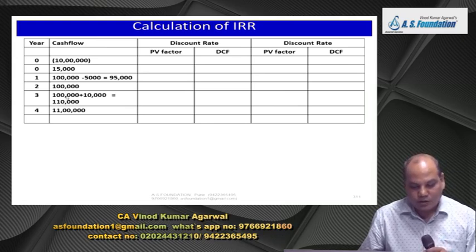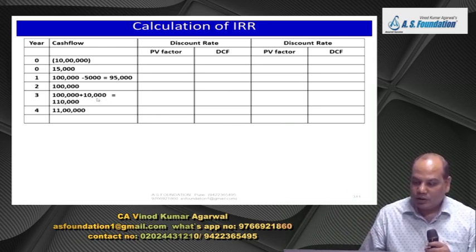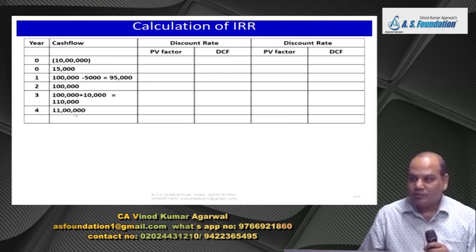In year 3, you will receive two inflows, 1 lakh for interest and 10,000 for re-verification of credit fees. And in the 4th year, you will receive 1 lakh plus 10 lakh, 11 lakh, principal plus interest.